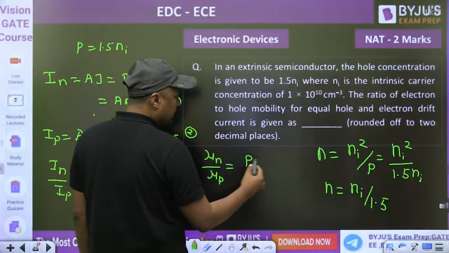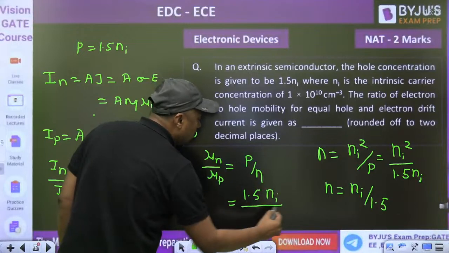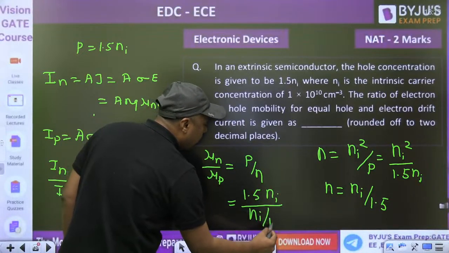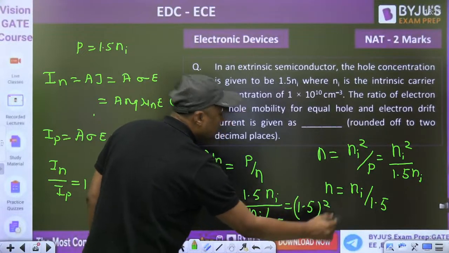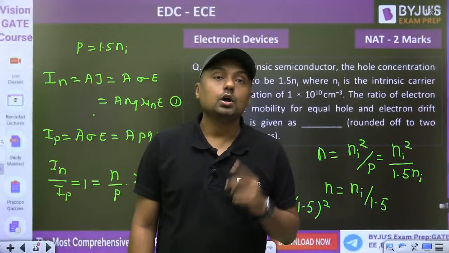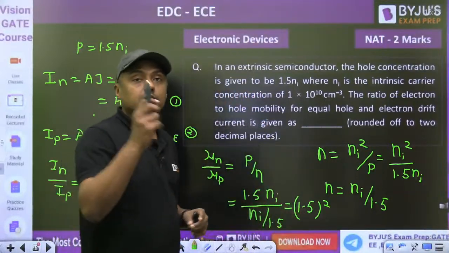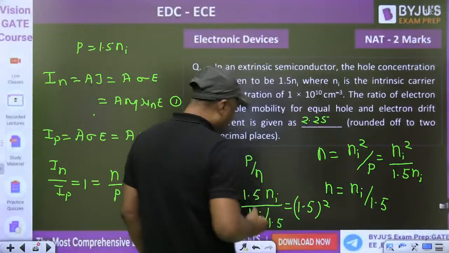Now put here: 1.5 Ni divided by Ni over 1.5 becomes 1.5 squared, which is 2.25. 2.25 is the ratio. Very, very simple question.